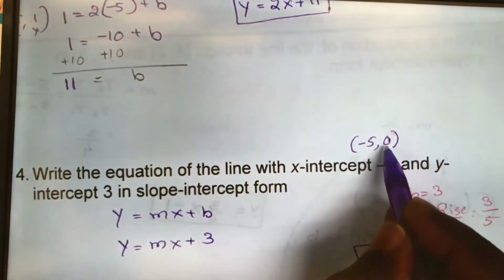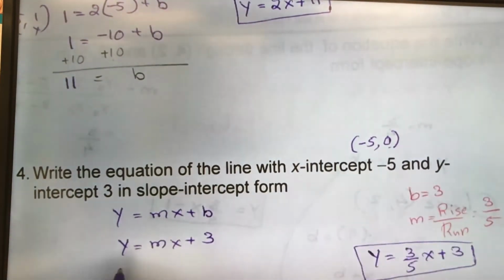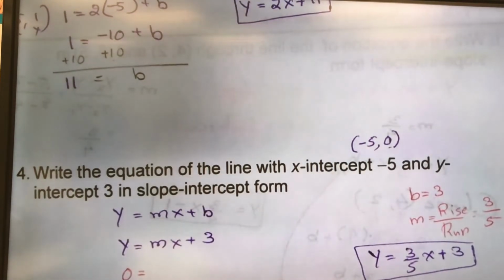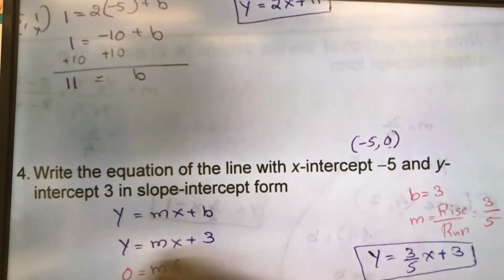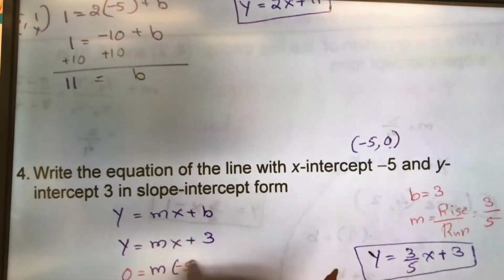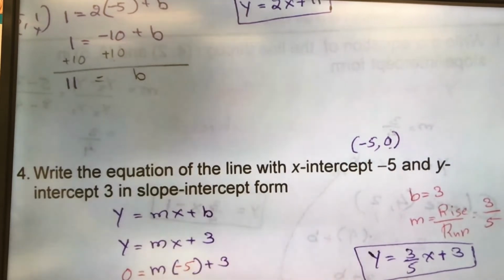When you have the coordinate, my y is 0. I can write 0 is equal to m times x, and x is negative 5, plus 3.